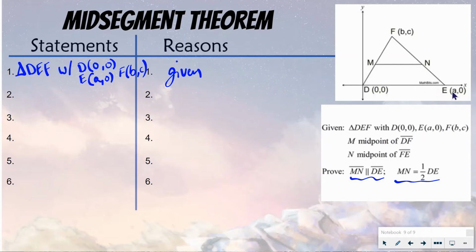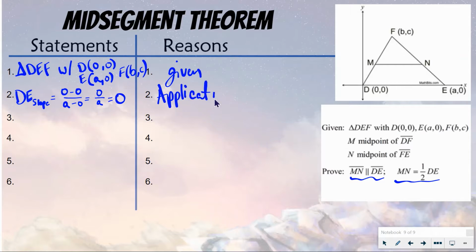I'm going to first find the slope of line DE. So DE slope is y2 minus y1, so 0 minus 0 over a minus 0, x2 minus x1, which is just 0 over a, which is 0. Here we're just applying the slope formula, I'm going to call that the application of the slope formula.